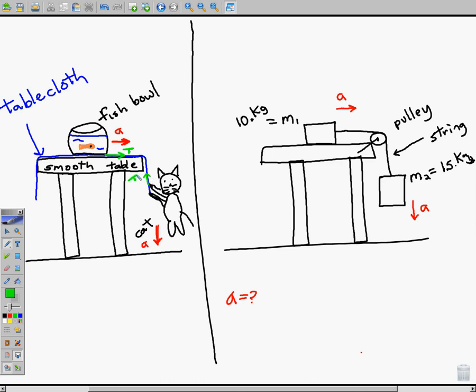It's the same cloth connected. Likewise over here, however much the rope is pulling on the object to the right, that tension is the same as the tension in the rope over here holding the mass up. So the other question is, what's the tension in the rope, which represents the tablecloth?